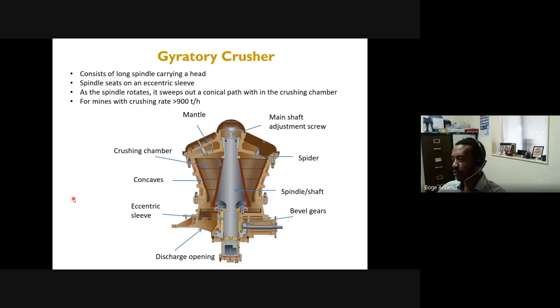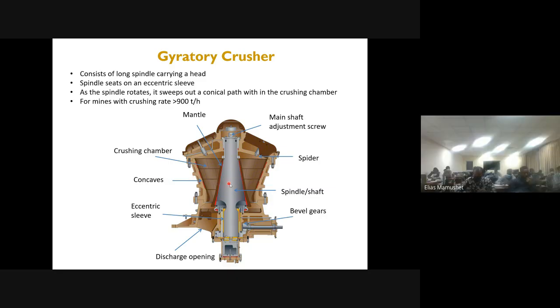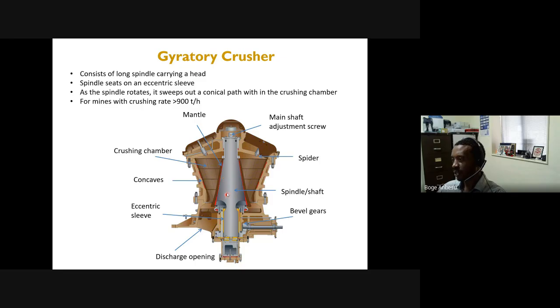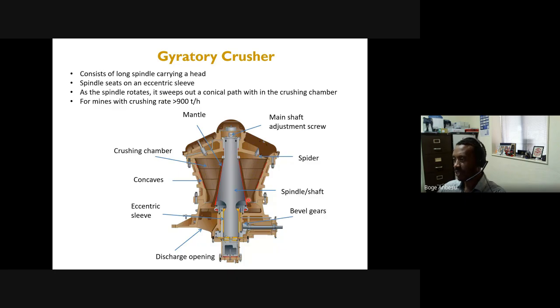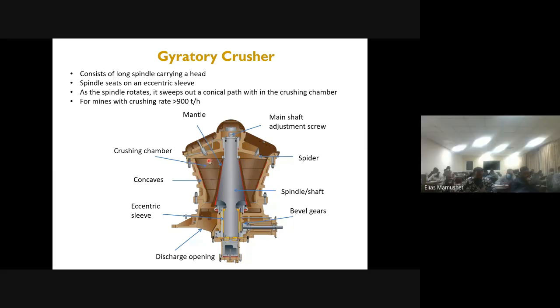So the spindle goes this way, so it constantly does this. So this is a loose spindle, and as you can see here, this is where you feed the particles from. So the particles are fed from here, and this is your crushing chamber, and you have a cone-shaped crushing chamber. So as the spindle goes this way, it actually crushes any rock that is coming into this crushing chamber.